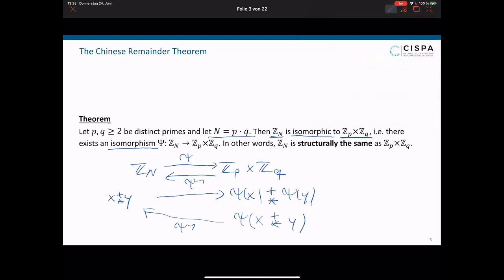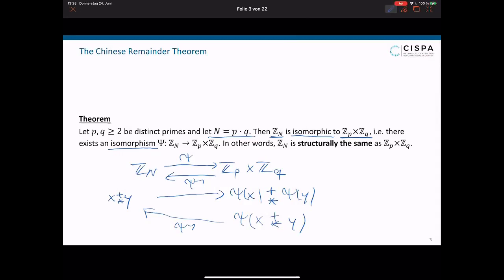That's what it means to be an isomorphism. You can choose to either do your calculation in Zn or in Zp times Zq, right? It's not just that phi is a bijective mapping that identifies each element on the left side with something on the right side. No, it also preserves addition and multiplication. That's the homomorphism part. Good.